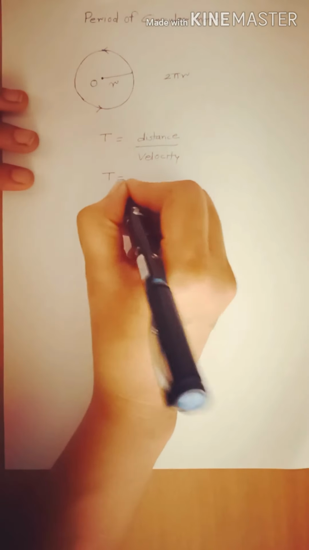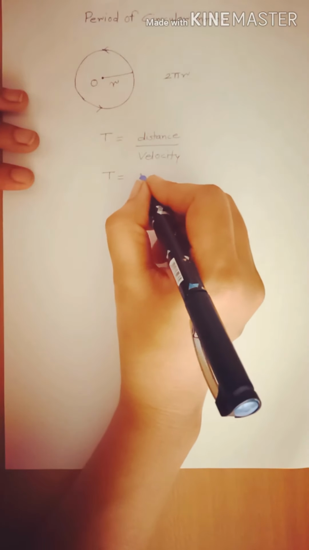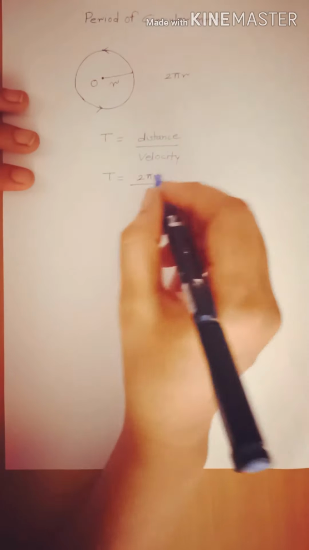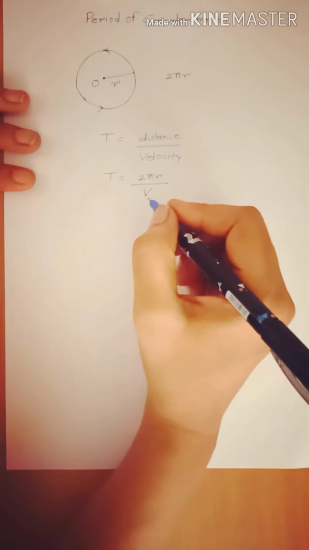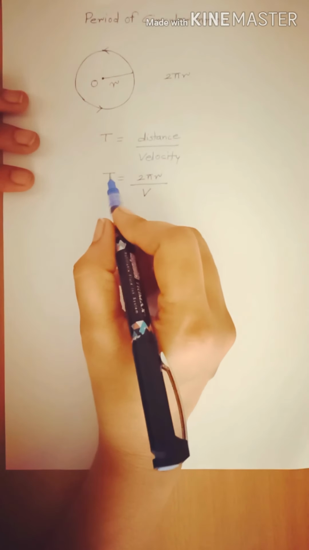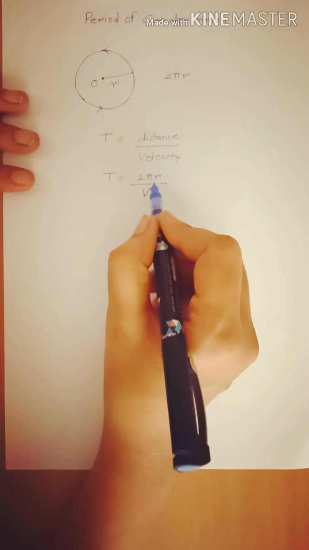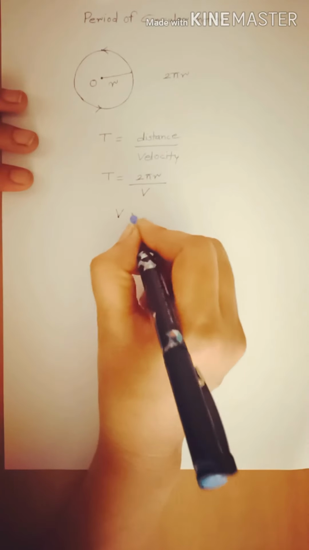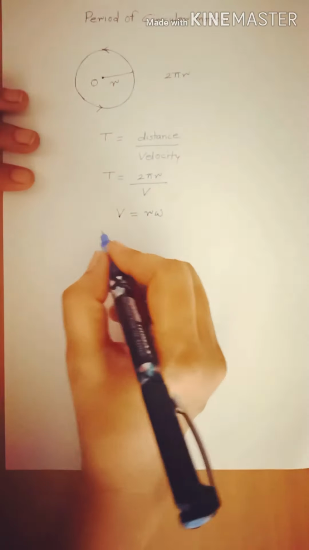In one revolution, the particle covers the distance 2 pi r, and if the velocity is v, therefore we get the formula for period of circular motion as T is equal to 2 pi r upon v. We have the relation v is equal to r omega.